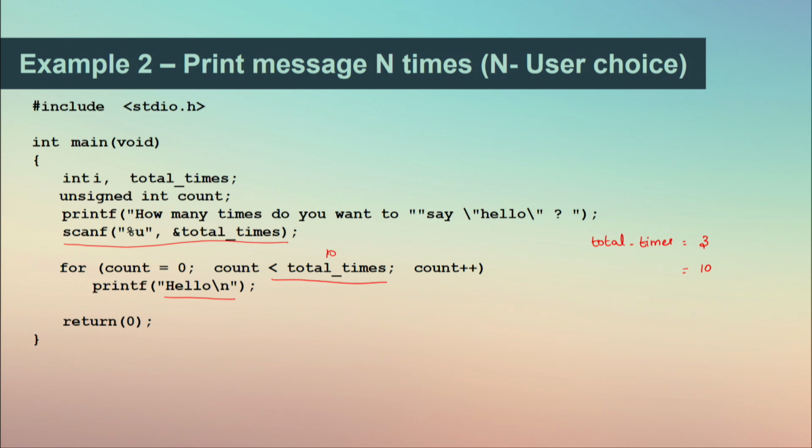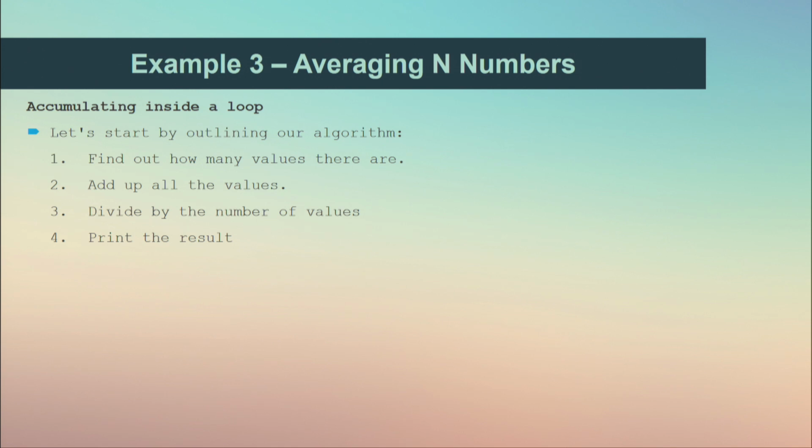So, we can see here the for loop is used for printing the message n number of times, where n is of user's choice. And the third example is to find the average of n numbers. So, we will outline this as a small algorithm.